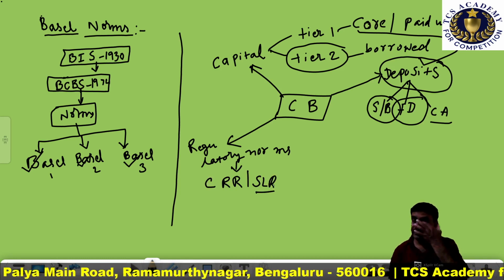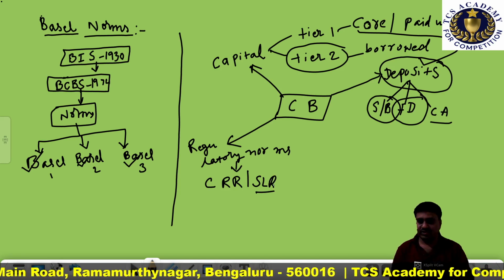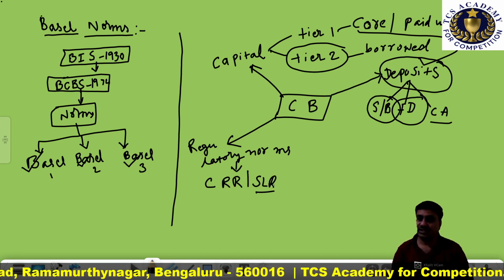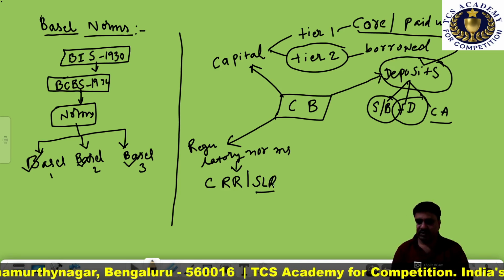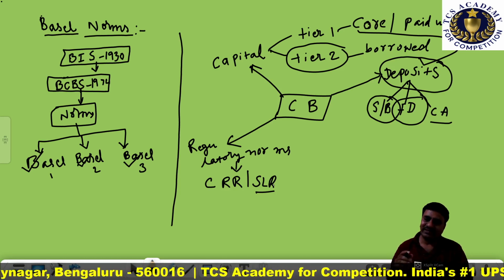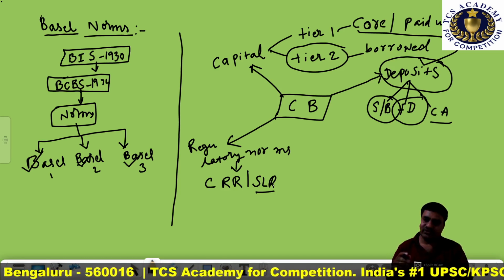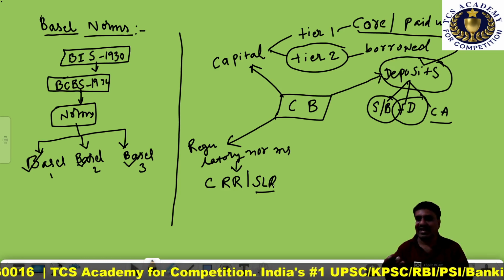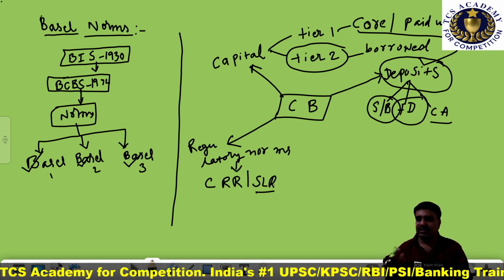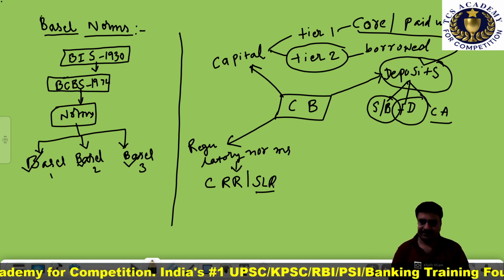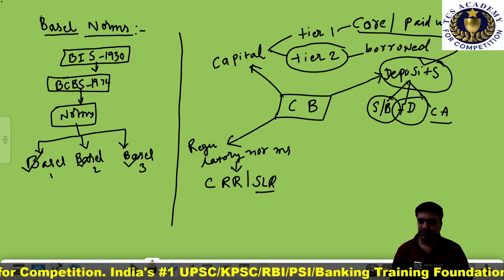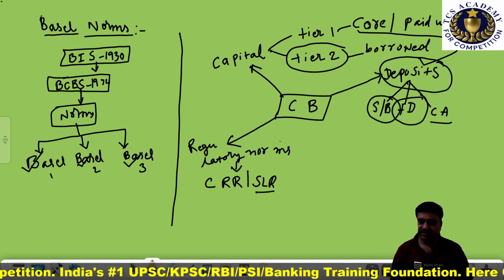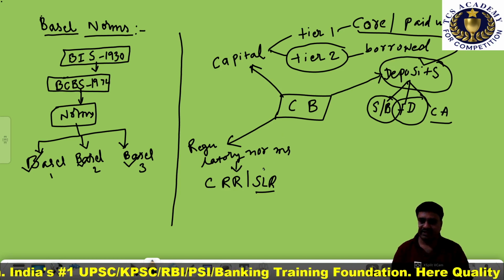statutory liquidity ratio. What does it mean? Each and every commercial bank in the country has to maintain a certain percentage of cash on hand always as per the norms of the RBI. Clear? That is what we call the statutory liquidity ratio.